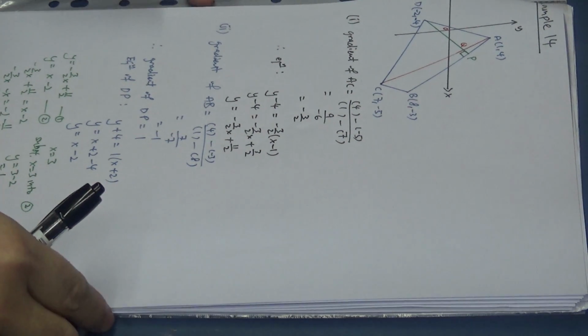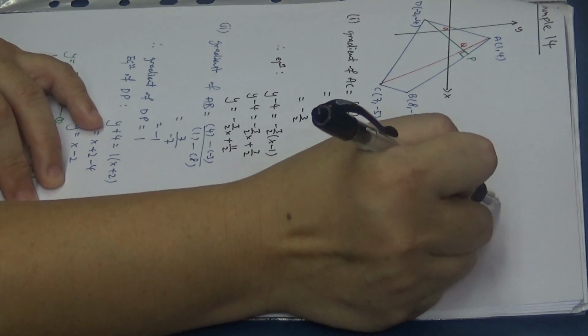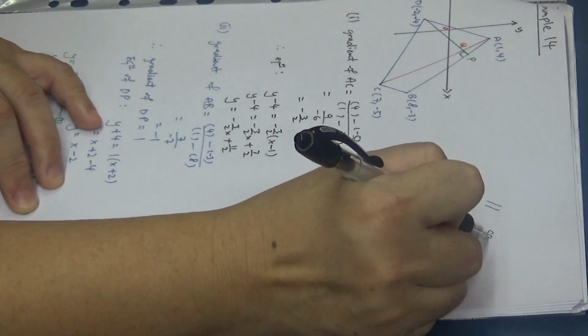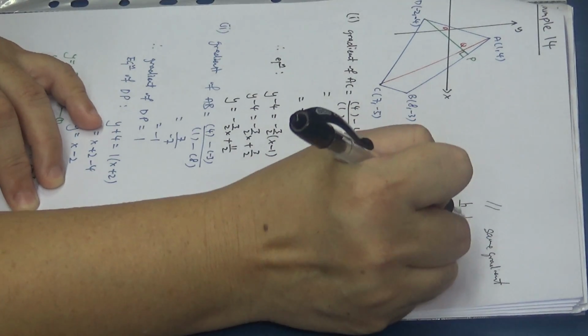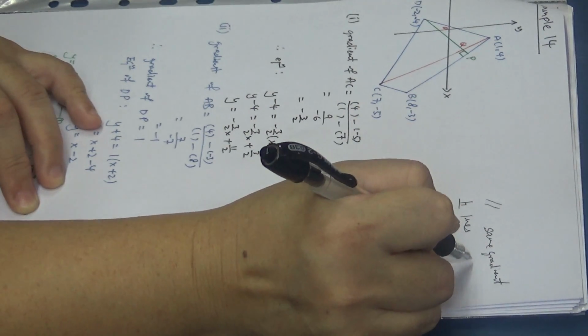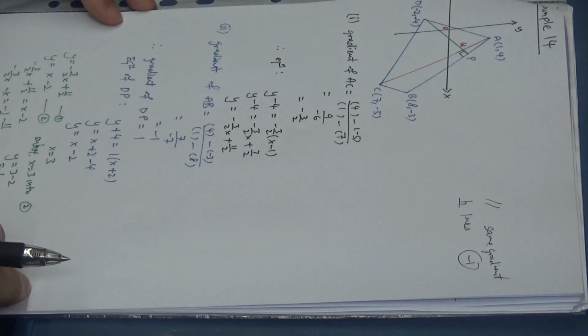Before I go on to example 14, I need to revise two things. Parallel lines have the same gradient. Perpendicular lines have gradients whose product gives you -1. This is what we learned in the previous section.